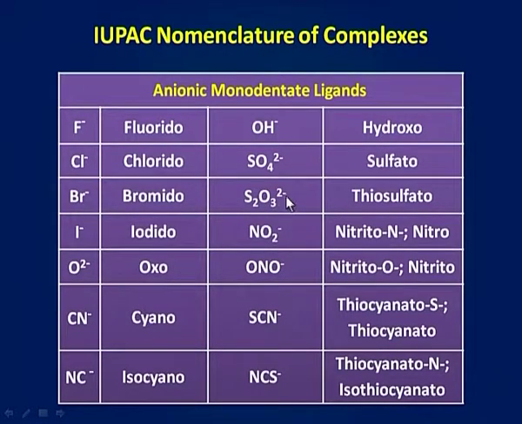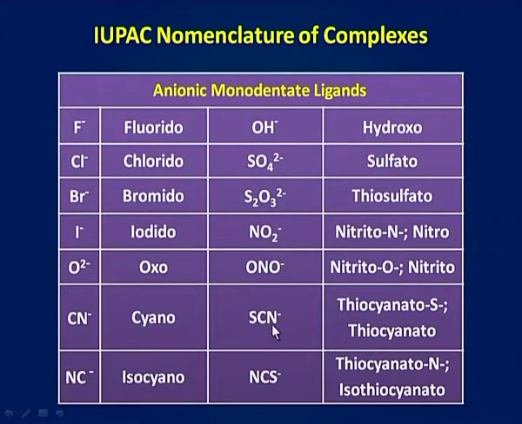S2O3 2- as thiosulfato. NO2- is an ambidentate ligand, hence it can be named as nitrito N or nitro. ONO can be named as nitrito O or simply nitrito.